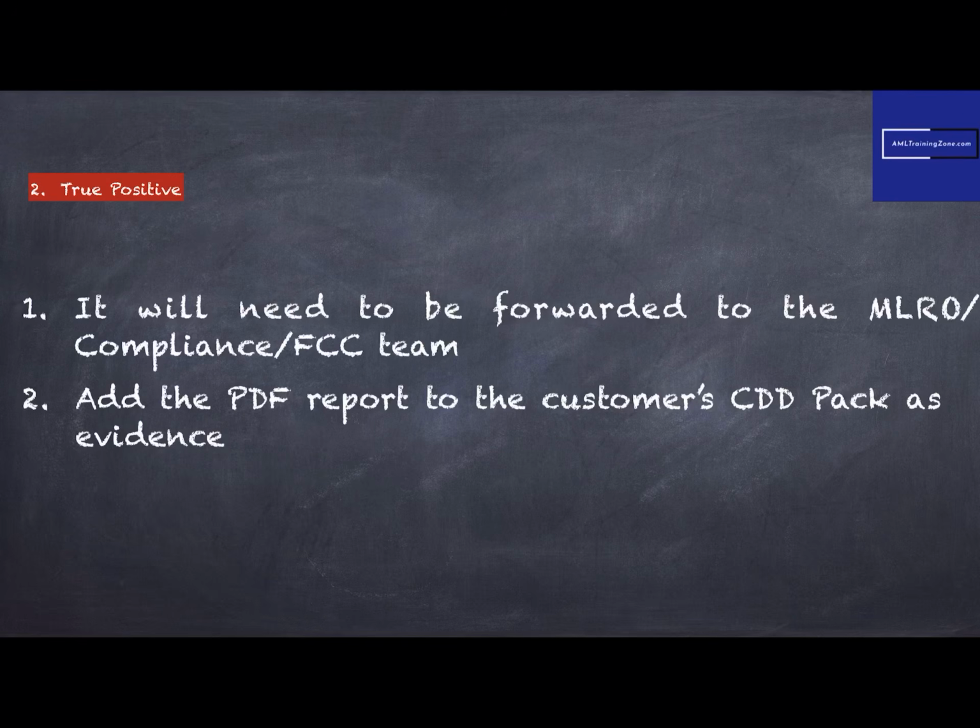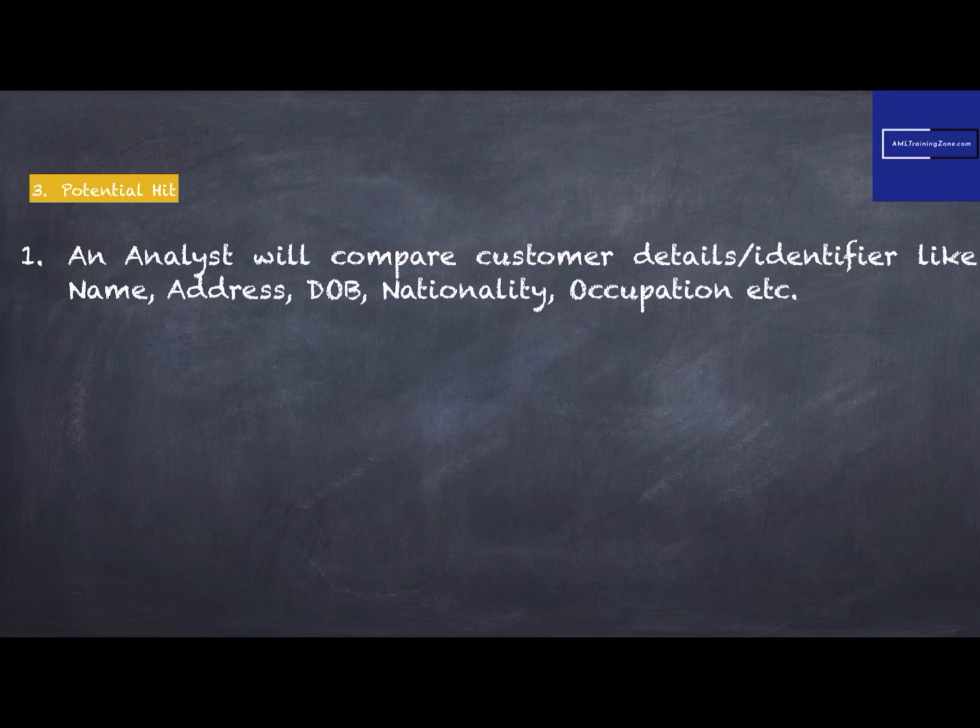Now, in case of a potential hit scenario, an analyst will compare customer details or identifiers like name, address, DOB, nationality, occupation, etc. with the alert to disambiguate and understand whether it's a true match or a false positive.